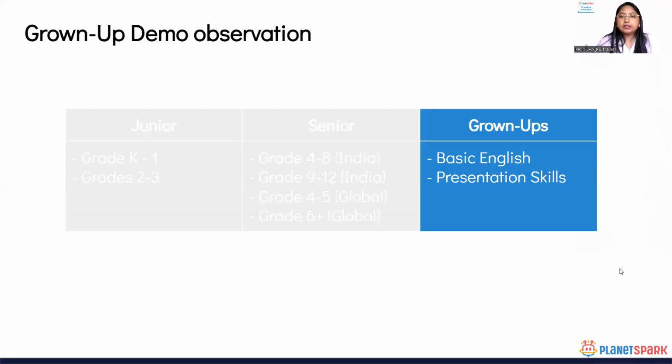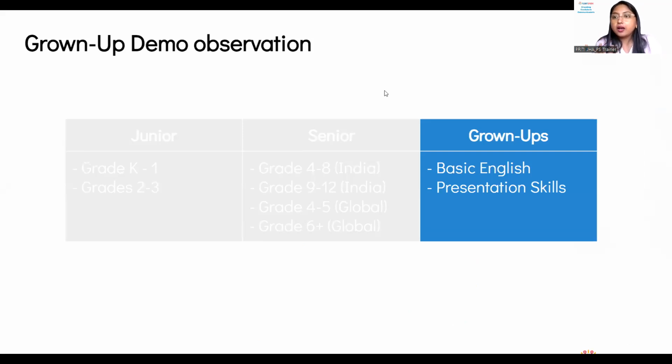Okay, great. So today we are going to witness a grown-up demo and the second one, that is presentation skills, right? I already gave an idea of what kind of adult learners we have, for what reason they come to PS, and how we have divided the adult demo session. There are teachers who are joining now as well.